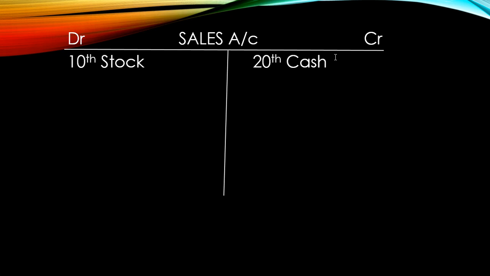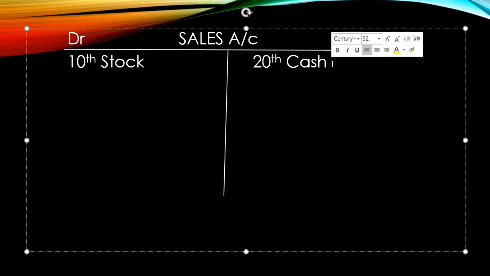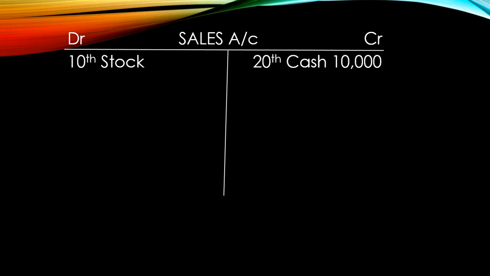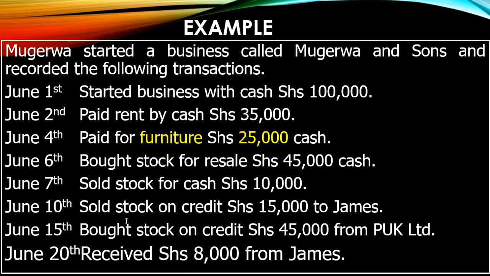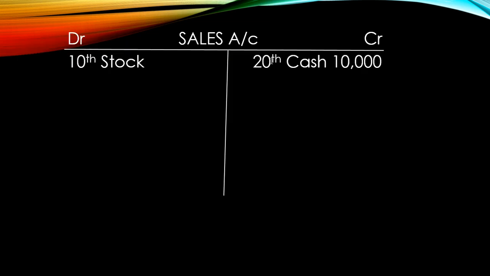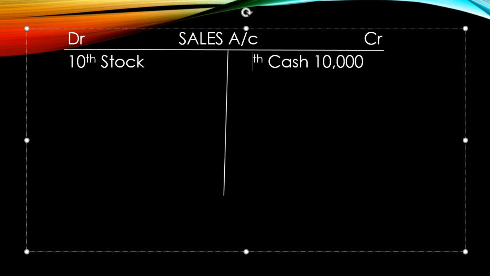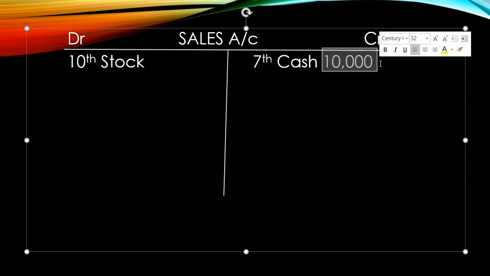Sales here, because of cash 10,000. The date must be entered, that happened on the 7th. So we go back to sales. This is the 7th. Good. That one is worked out.